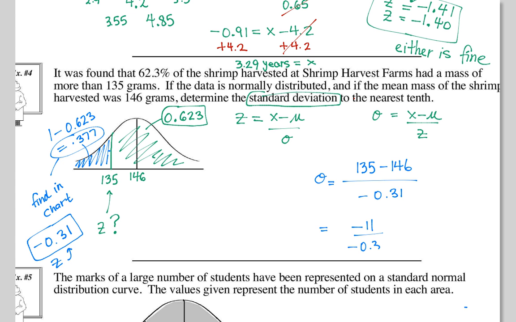Divide by negative 0.31. A negative divided by a negative will be positive. So I got 35.5. It says nearest tenth. There's sigma: 35.5.